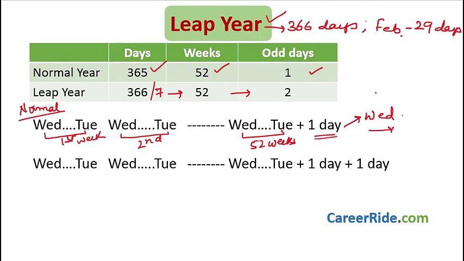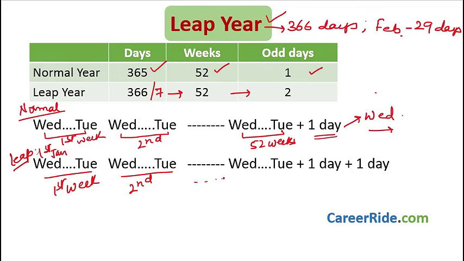Now, taking the same example, if we talk about a leap year, if it was a leap year, then what would happen? It would start on Wednesday. Let's say the 1st of January for this year falls on Wednesday for this leap year. The first week will get over on Tuesday. The second week will start on Wednesday and get over on Tuesday.